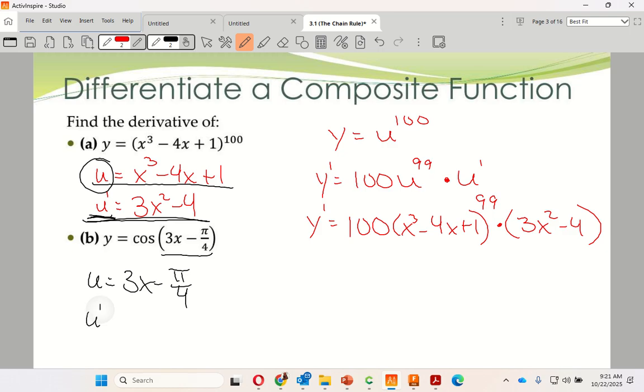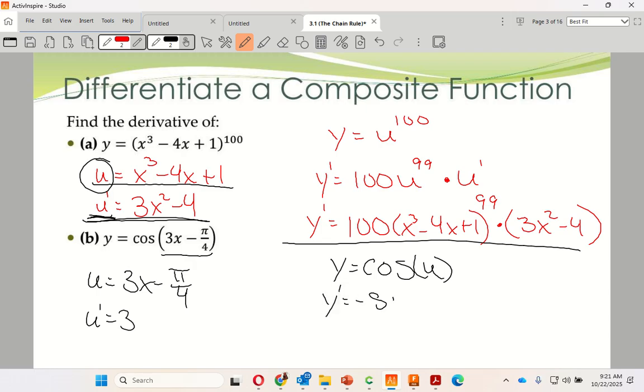So will y just equal cosine u? Okay, so now y equals cosine u, very good. y prime equals negative sine of u times u prime.